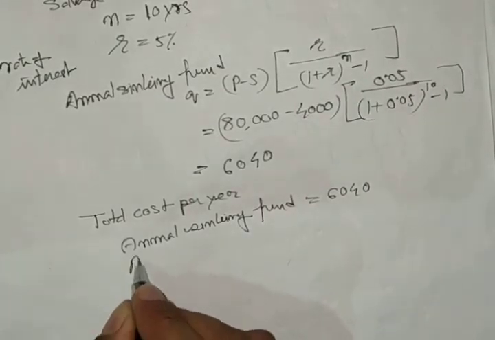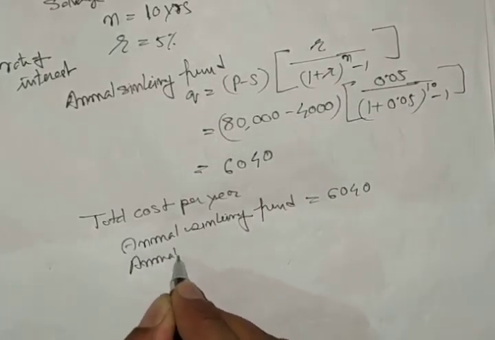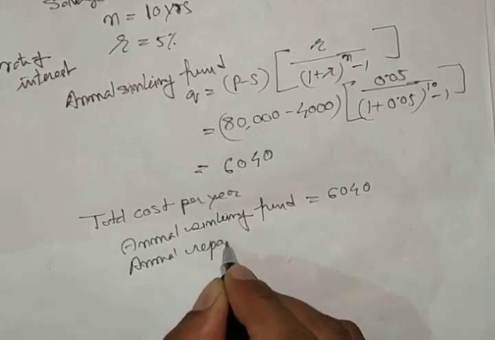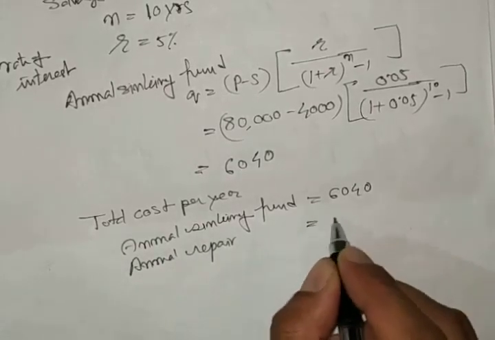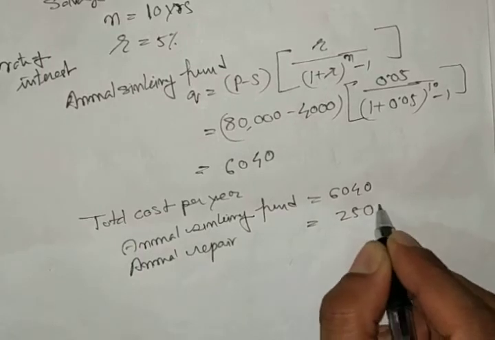Then annual repair, which is already given, 2500.